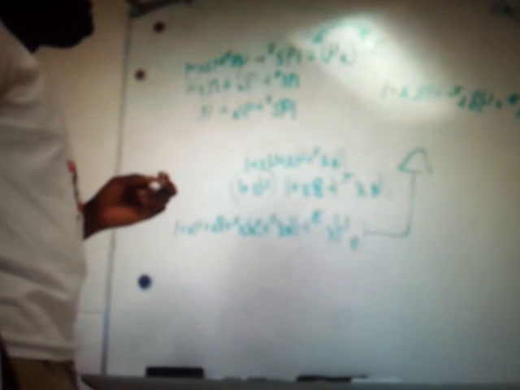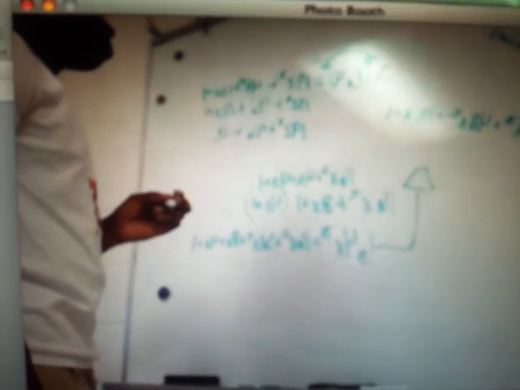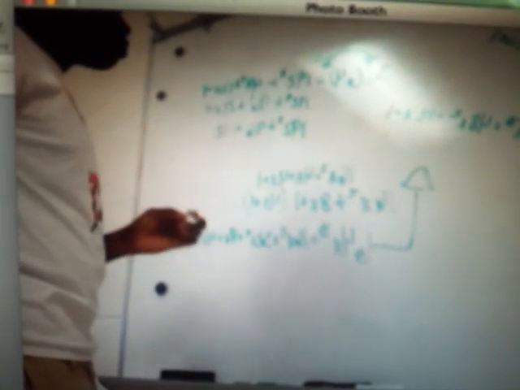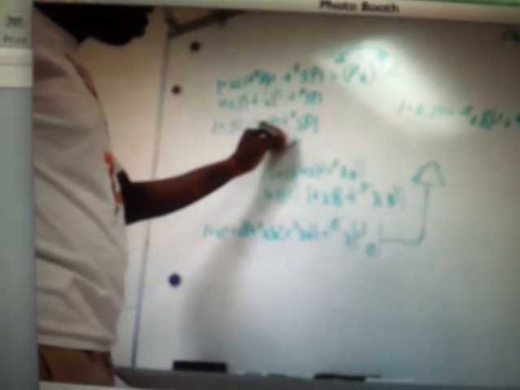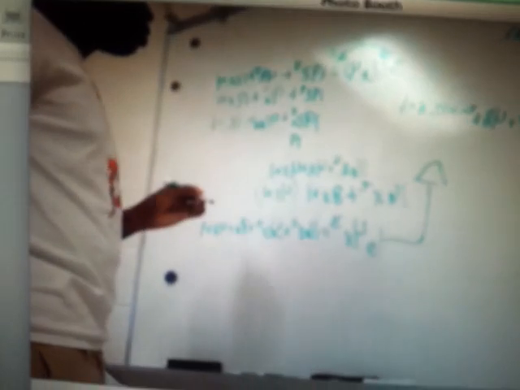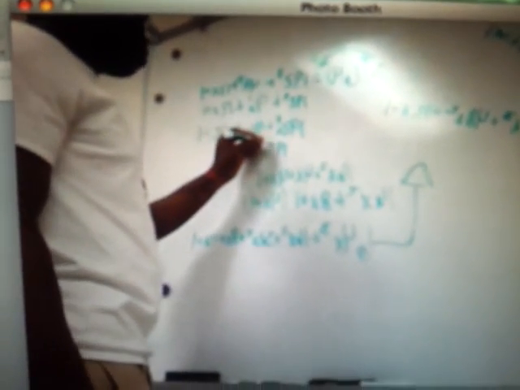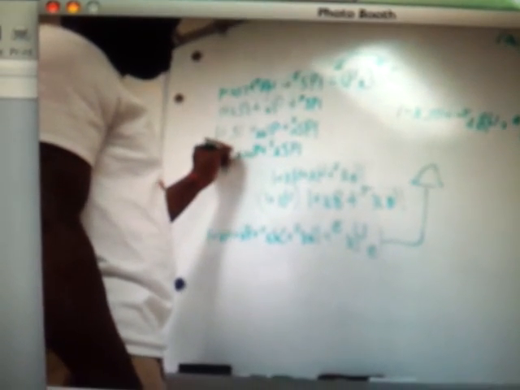1 minus 1 is 0, so you're left with 12 plus 1. So you got 192x squared plus 96x plus 12.